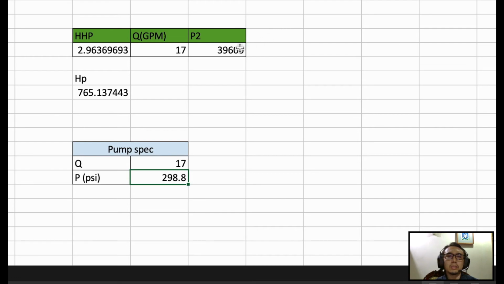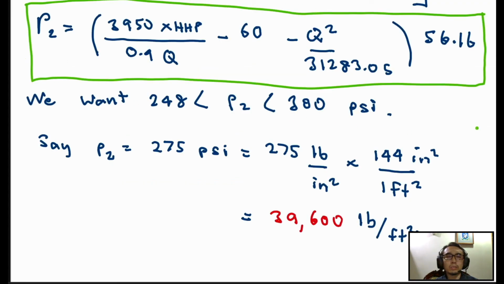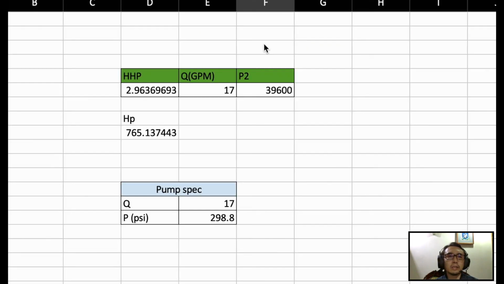So you just key in the equation. So you have the two unknowns and the P2. The equation in the green box, I've keyed in the cell F for the P2.